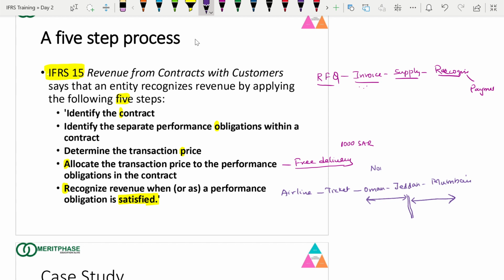In case he missed the flight, we were ready for the performance obligation, but it was his duty to come to the gate or the counter at a certain time. If he missed that flight, then we'll record the revenue, which is shown separately as a no-show passenger. That is the reason the contract says non-refundable.